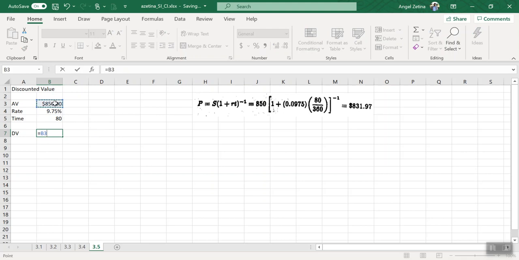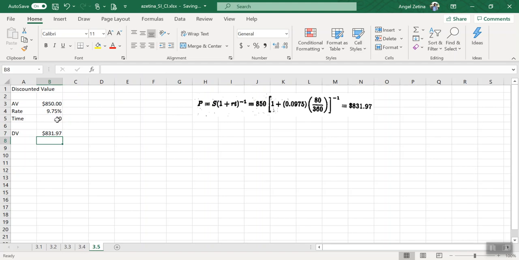So equals to the 850, asterisk, open parenthesis, 1 plus the rate times the time divided by 360. Remember that in this case, this is discounted value, so we need a power of -1.